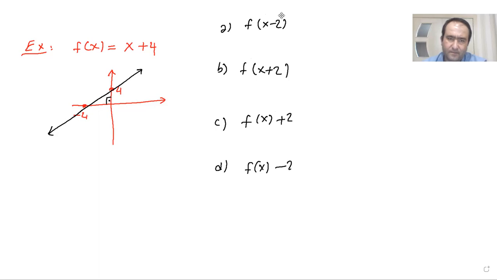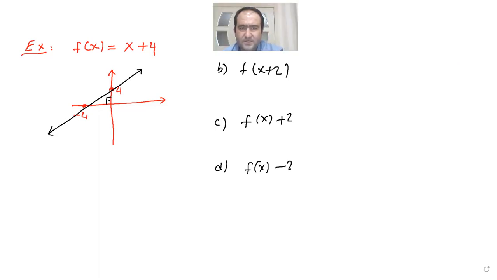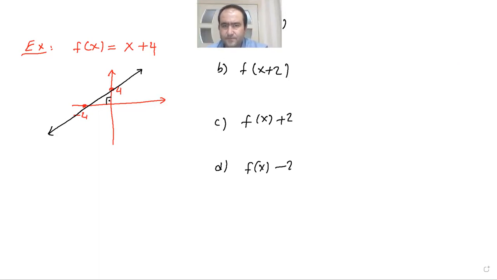Are you ready? So Mr. Tuna shows you this graph. What's happening? f(x minus 2). As x minus 2, it's x plus 2, okay? This is x plus 2. This is x plus 6.